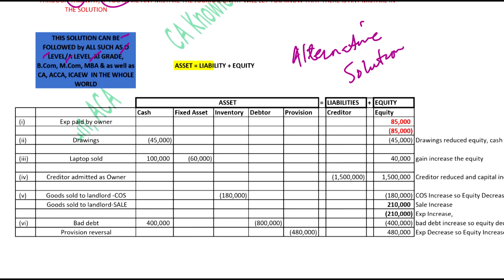So first adjustment, expenses paid by the owner. Expenses increased. When expenses increase, equity decreased. Paid by the owner means capital. Capital increases means equity increased.